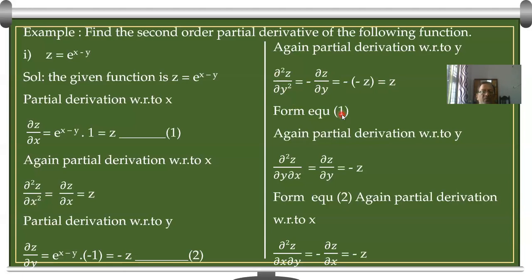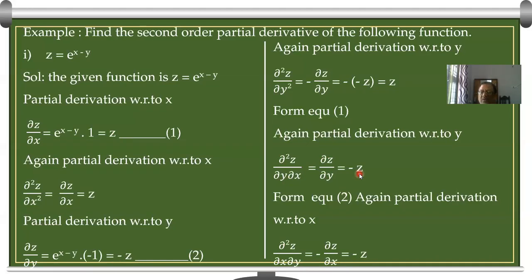After that, from equation 1, I am calculating the remaining two partial derivatives, that is ∂²z/∂y∂x and ∂²z/∂x∂y. The partial derivative with respect to y now: ∂²z/∂y∂x is the partial derivative of z with respect to x, then y, that is ∂z/∂y, which is equal to minus z.